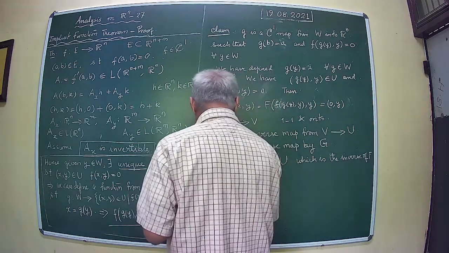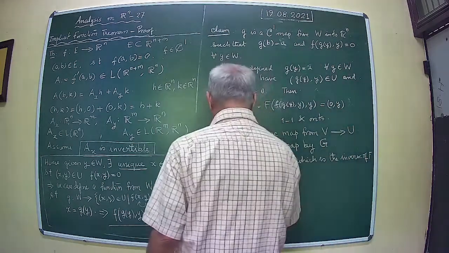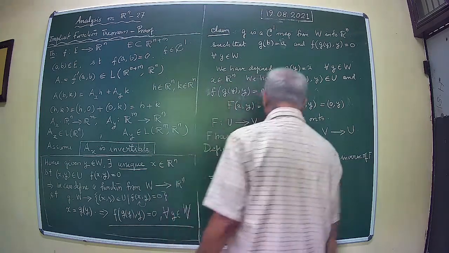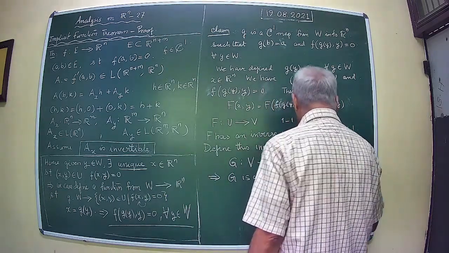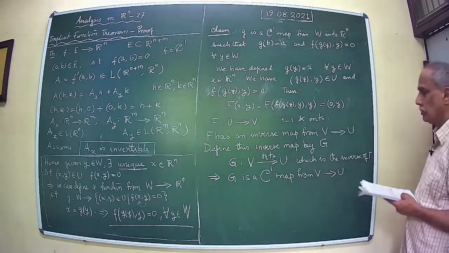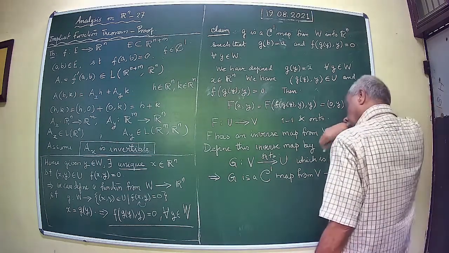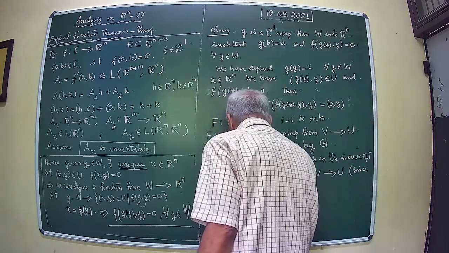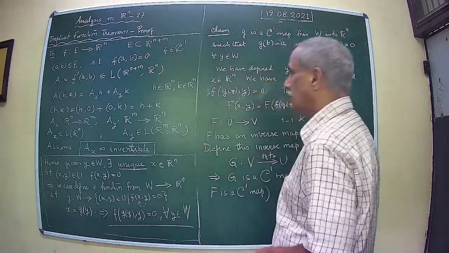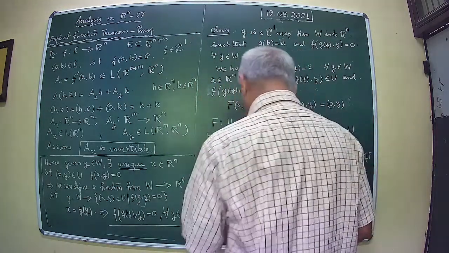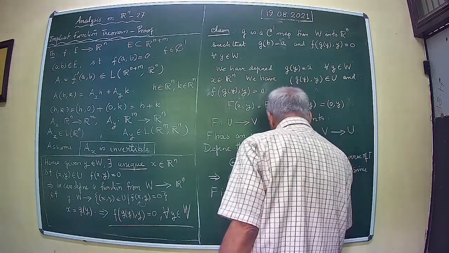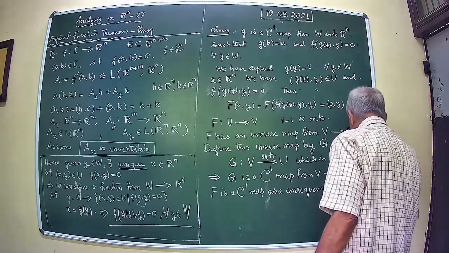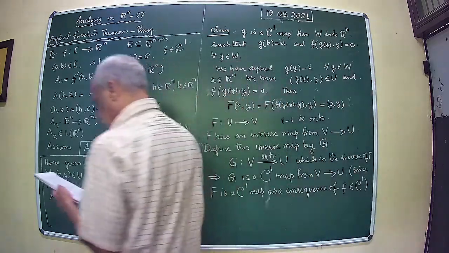which implies, since F is a C1 map, okay, this follows from, since F is a C1 map, as a consequence of small f is C1. F is a C1 map. Okay.